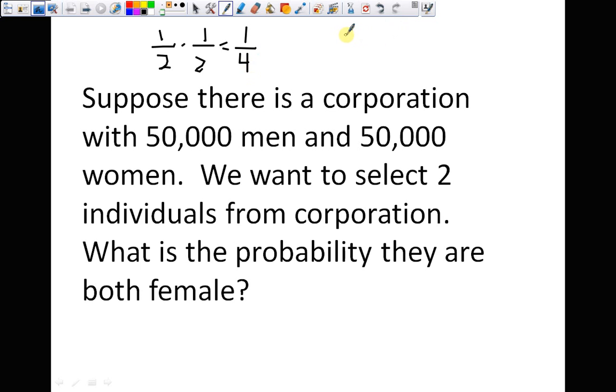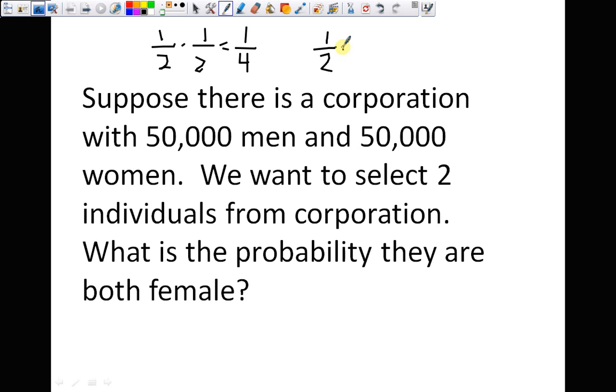Now, if we do it without replacement, which is what we're going to do in the real world when we're trying to select a sample, if we select one of these people from this corporation, we're not going to choose them again. We want 2 individuals, so we're basically always doing without replacement. There's still a 1/2 chance the first time that there's a woman or a female.